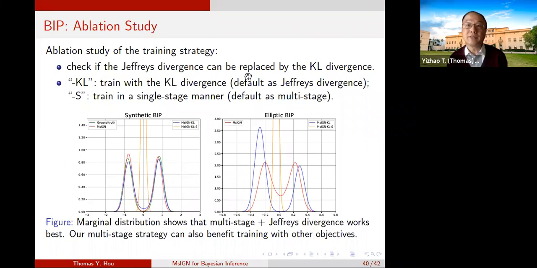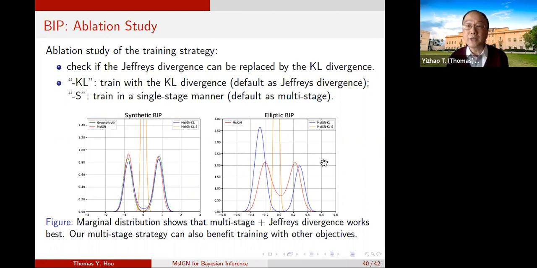We also tried to see whether you can replace the Jeffreys divergence by the KL divergence. We find that if you use multi-stage training, you can actually still capture the multiple modes pretty accurately, right? So the multi-stage actually plays a very important role. You start from a very coarse grid, then you capture the two modes, and then you pass the information on to the later, higher resolution, the final scale.